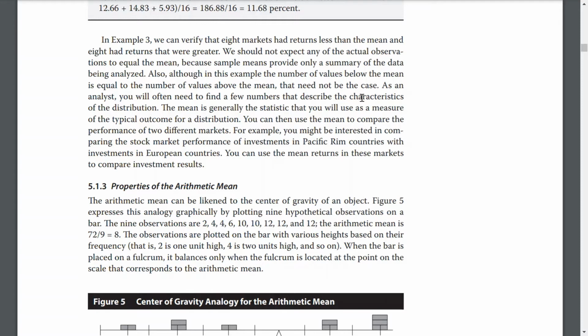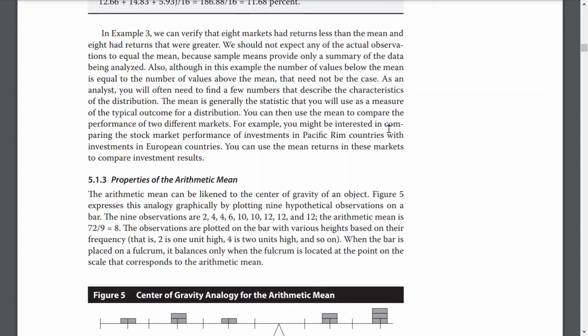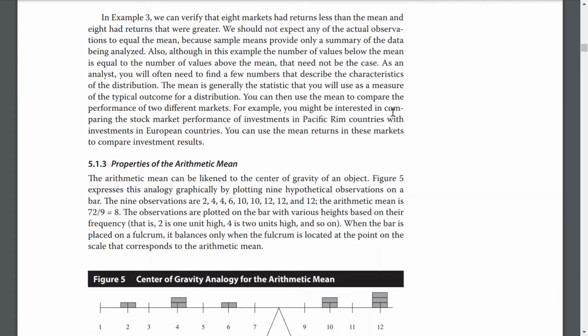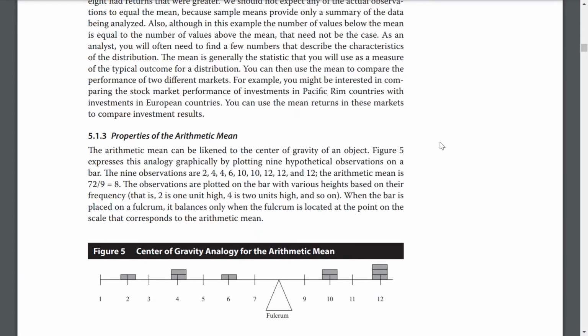As an analyst, you will often need to find a few numbers that describe the characteristics of a distribution. The mean is generally the statistic you will use to measure performance of 2 different markets. For example, you may be interested in comparing the stock market performance of investment in Pacific Rim countries with investment in European countries. You could use the mean return in the markets to compare investment returns.